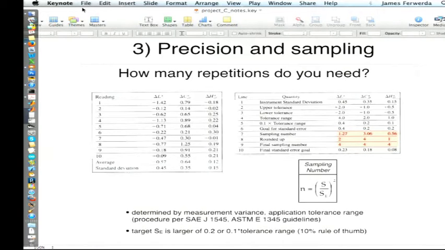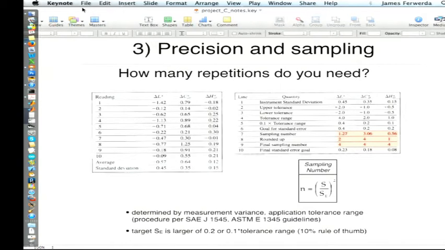Okay, so now you have these numbers going into the process. You want to calculate what the sampling number is, right? And the sampling number is given by the squared ratio of the standard deviation in your measurements over the standard error, right? So now where do we get standard error from? Standard error comes from here, okay?